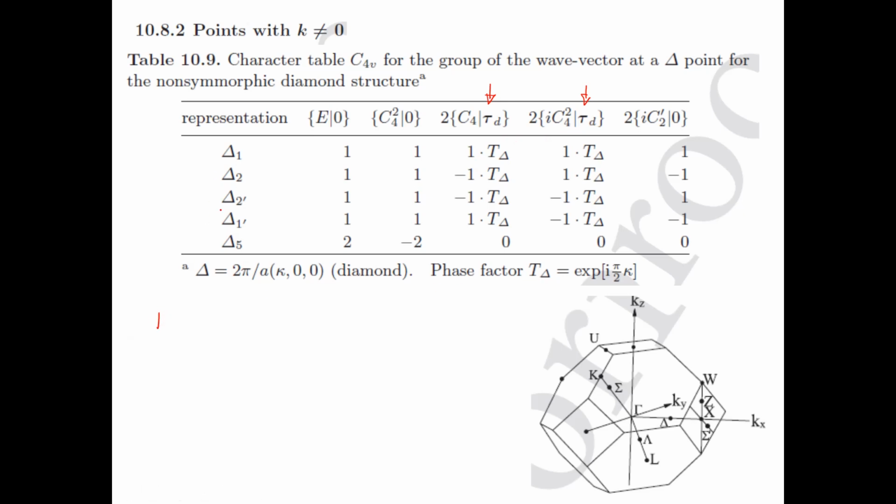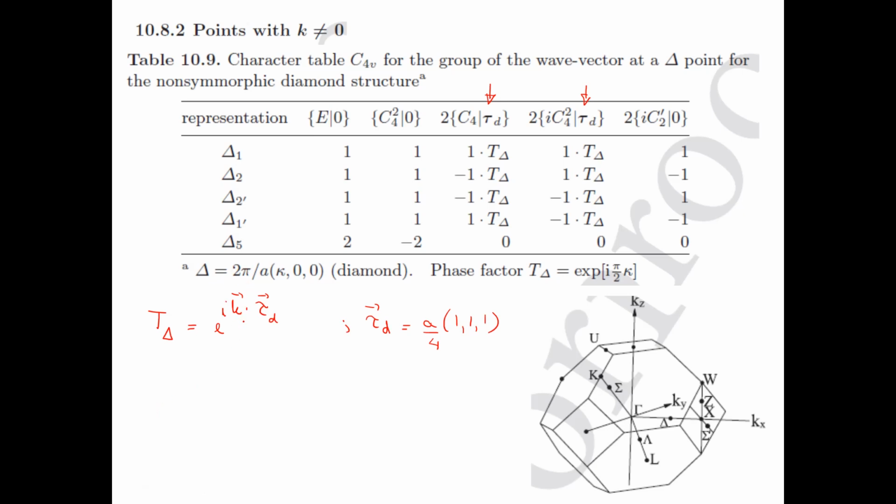For instance, this is for the delta direction. For the delta direction, the phase factor is e to the i k dot tau d. And you have to remember that tau d is a divided by 4 times (1,1,1).